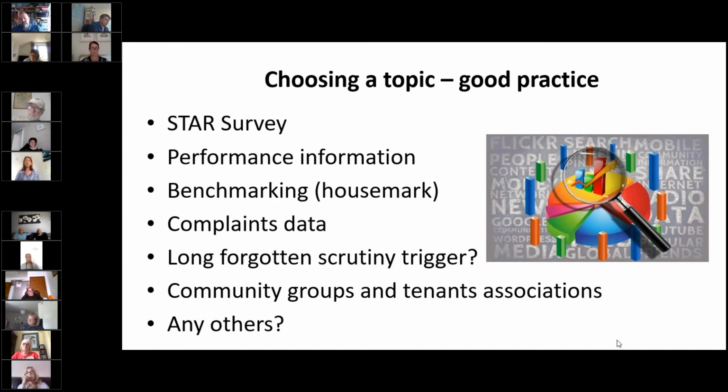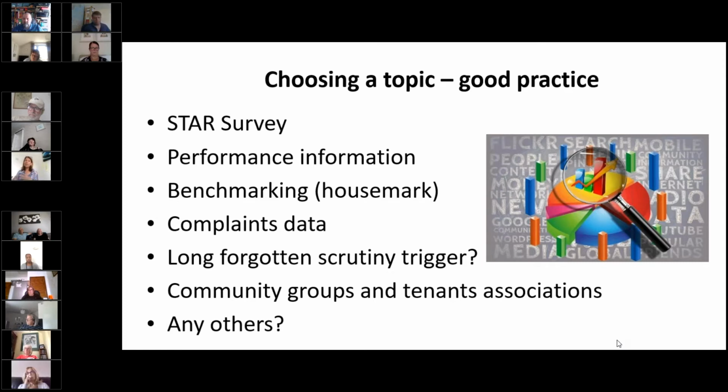So this is just about groups of tenants being able to say, the data might be telling you one thing, and this is always something to remember, that the data particularly needs to be looked at with an air of caution at times, because what's going on on the ground may be slightly different to what's being reported.